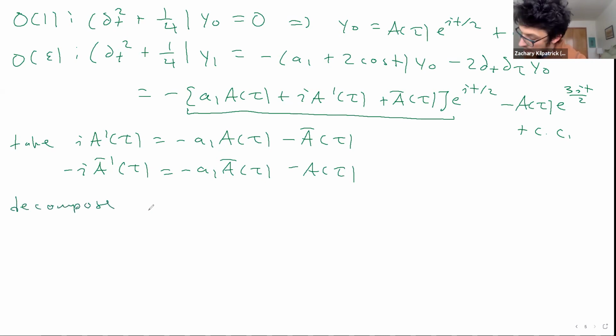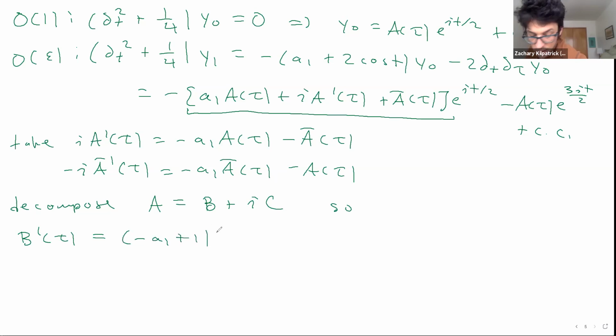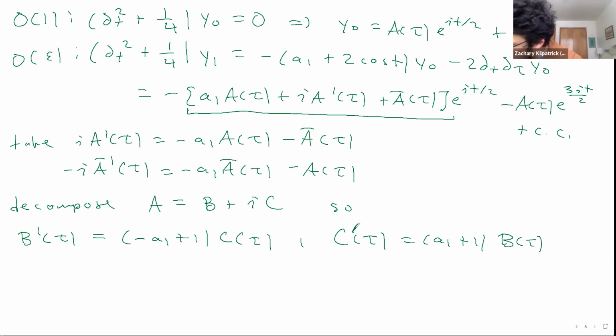I'm going to decompose as A equals B plus iC. In that case, if I plug that into either of them, I get B prime of tau is equal to minus a1 plus 1 C of tau, and C prime of tau is equal to a1 plus 1 B of tau. Sorry, this should be a C prime here.